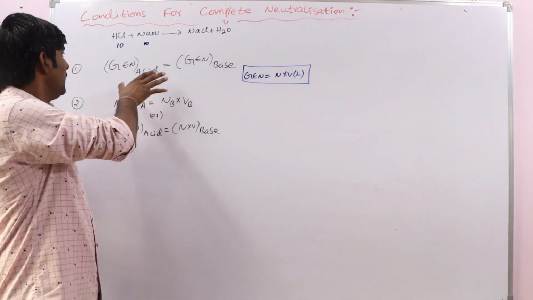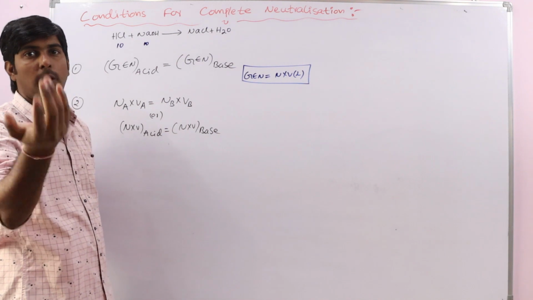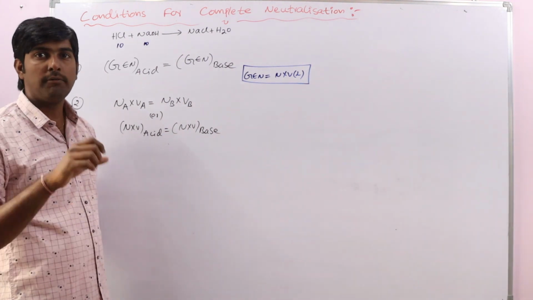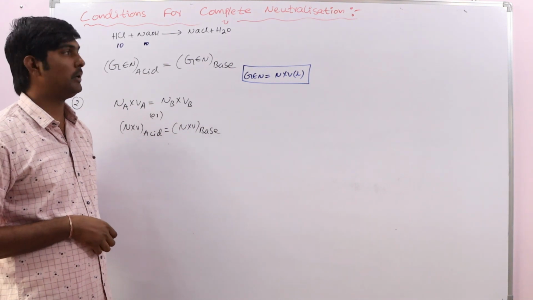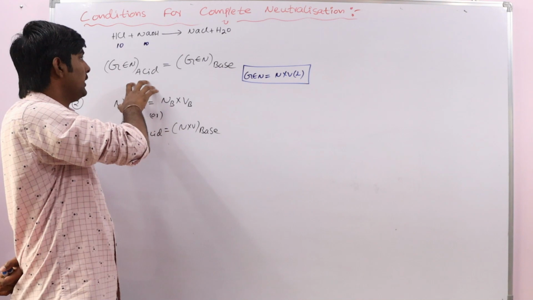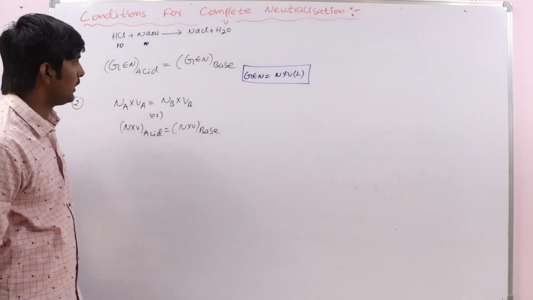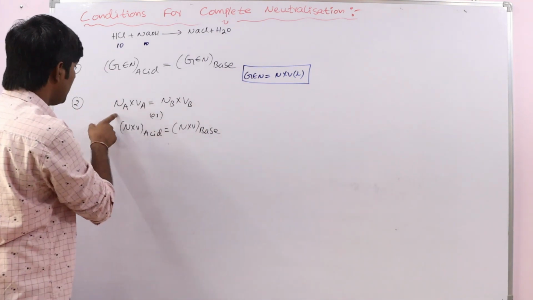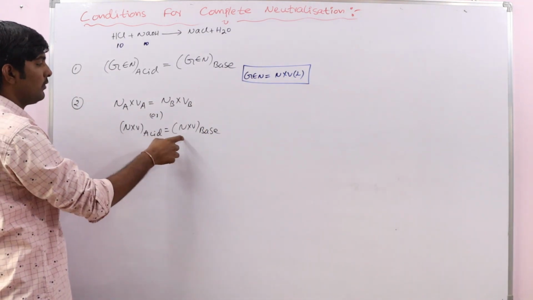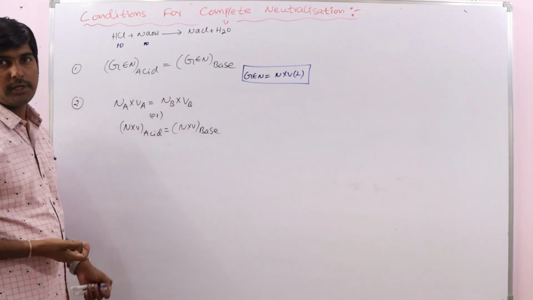If directly they have given gram equivalents of acid and ask you to find how many gram equivalents of base is present after complete neutralization, what is the condition at complete neutralization? Equivalence of acid equal to equivalence of base. Or from this relation we can write N into V of acid is equal to N into V of base at the complete neutralization condition.